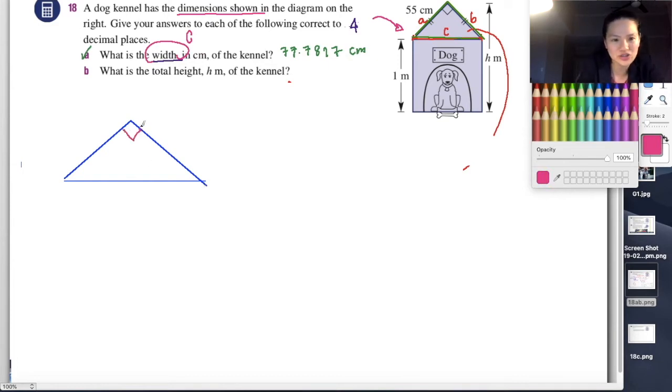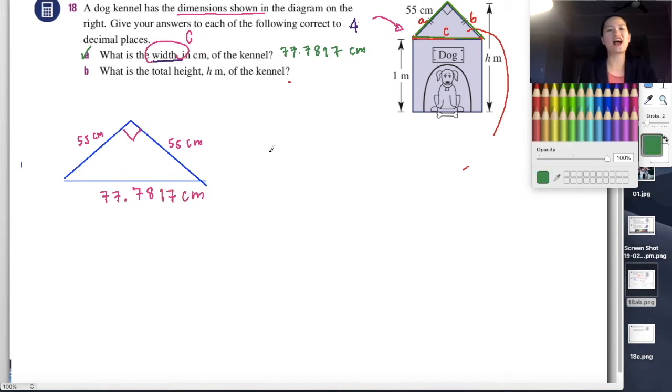Okay, we draw the picture. Now we know here is 55 centimeters, 55 centimeters. And our width is 77.7817.